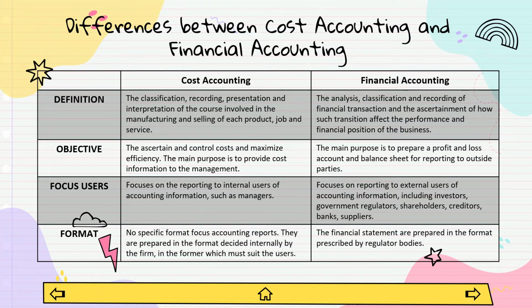The last one is format. Cost accounting has no specific format; reports are prepared in the format decided internally by the firm, a format which must suit the users. For financial accounting, the financial statements are prepared in the format prescribed by regulatory bodies.